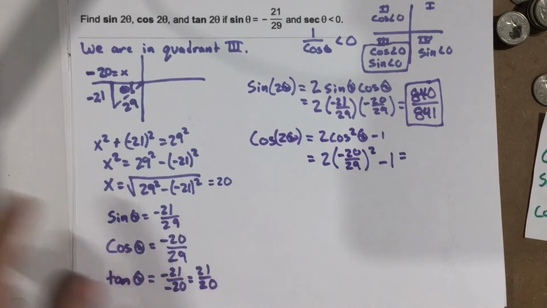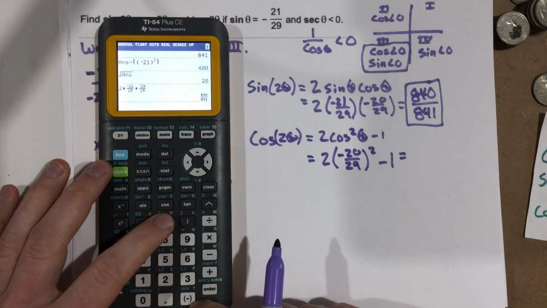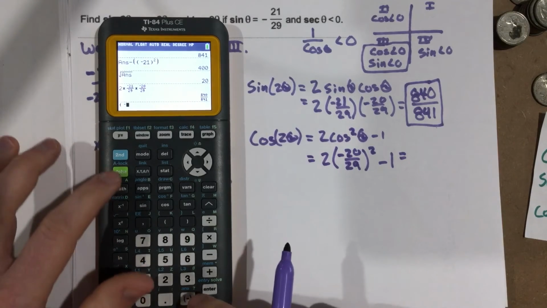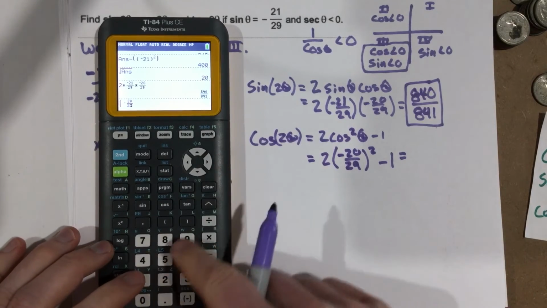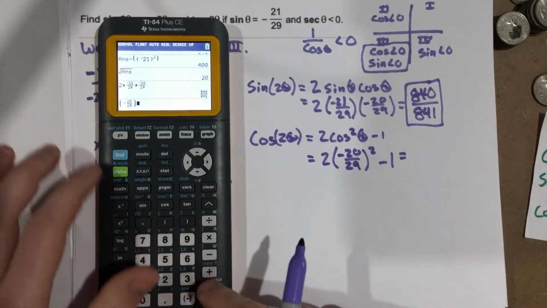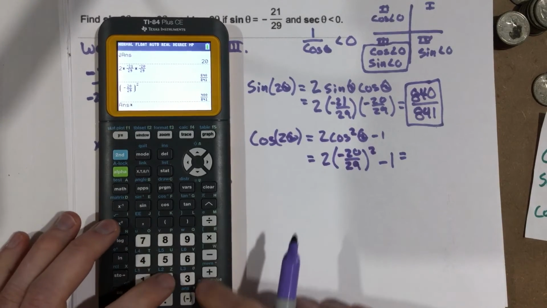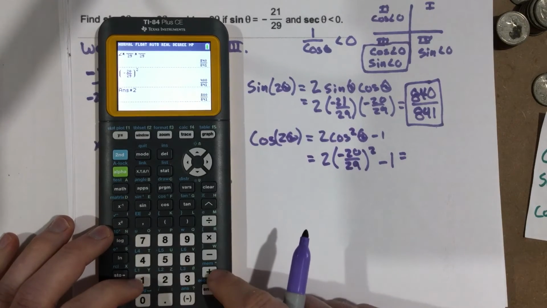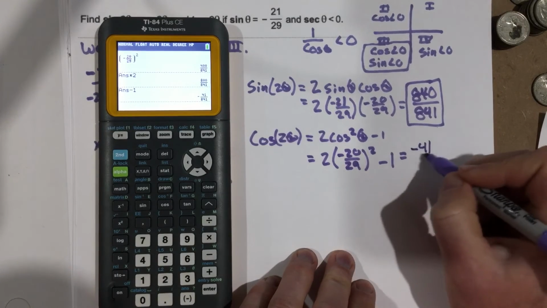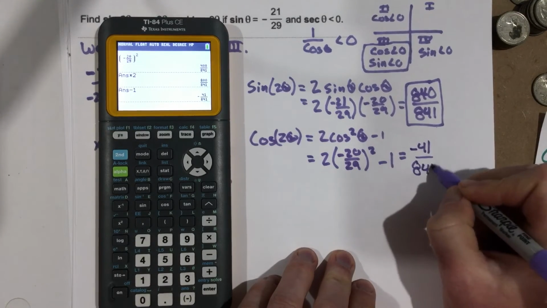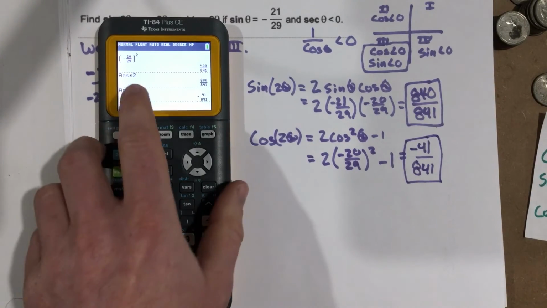If I plug that in the calculator, I'm going to start with negative, and I'll use the fraction button, 20 over 29 squared. I'm taking that times 2, and I'm subtracting 1. I get negative 41 over 841 for cosine. Those weren't too bad. Those are pretty easy.